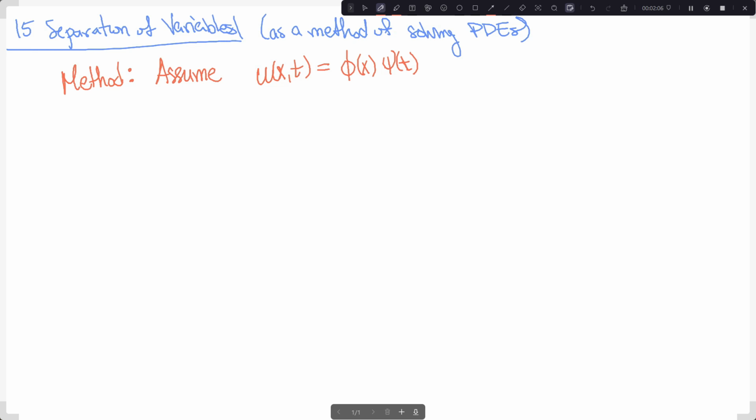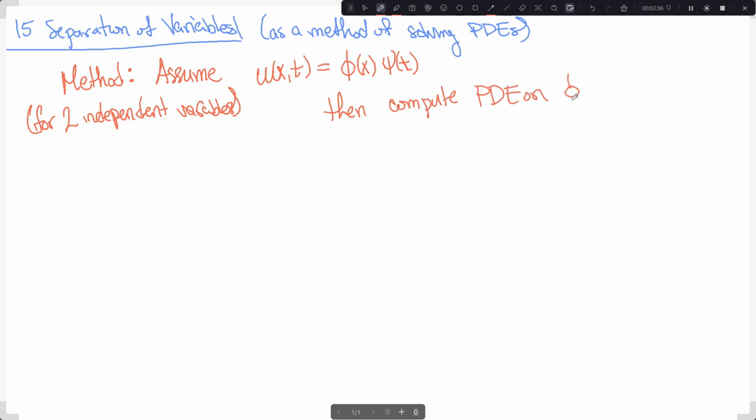Okay, so we're going to do the method for 2 independent variables, which are these classical cases that we've been approaching in class so far. So you assume that it's equal to the product of the 2 of them, and then compute the PDE on this product.